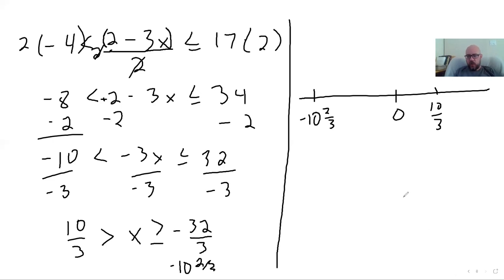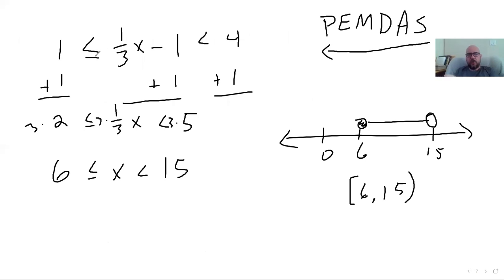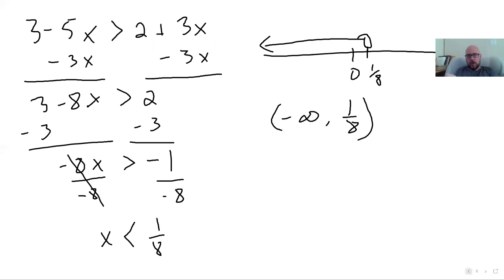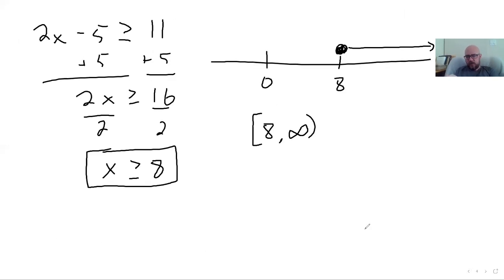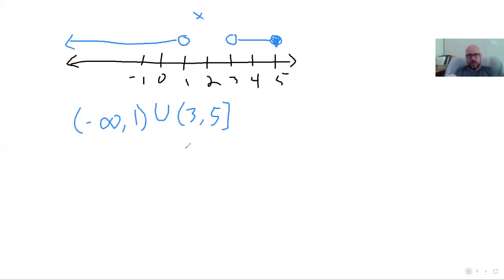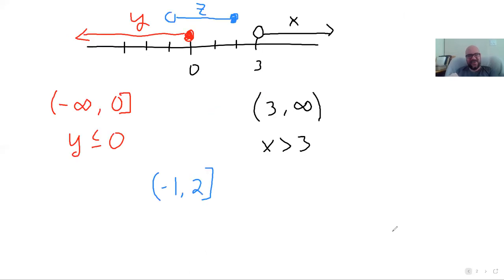So in general, by the way, because small to big is left to right on a number line, almost everything gets written with less than signs all the time, right? Something like this, y is less than or equal to 0.